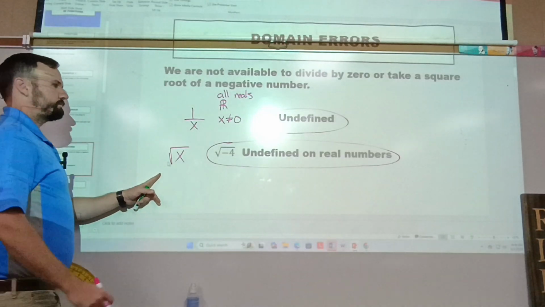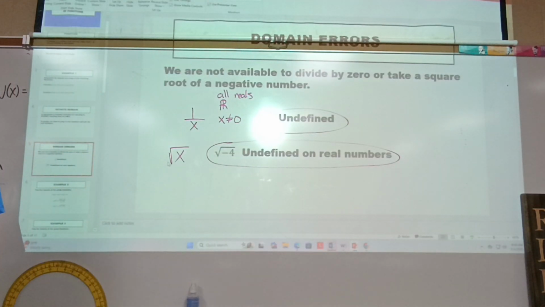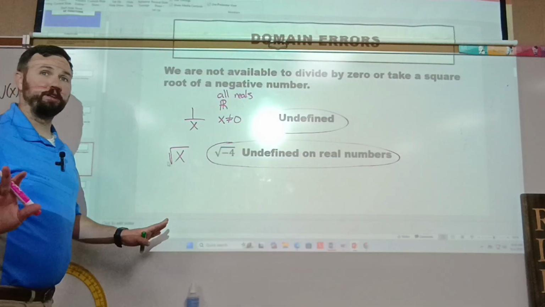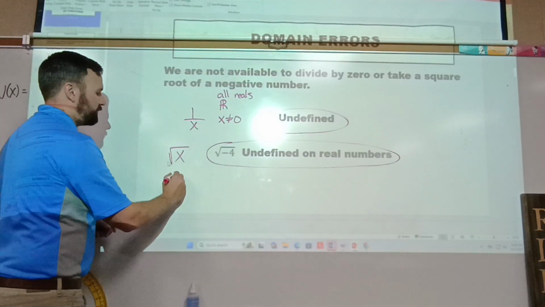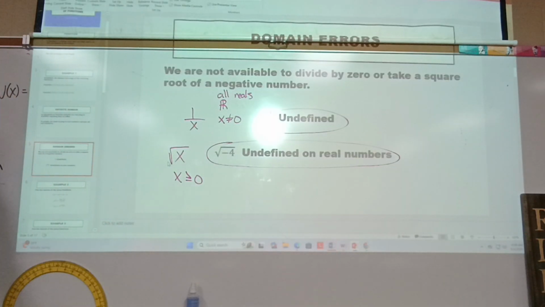For this one, can I take square root of 0? You can. 0 times 0 equals 0. Can I take square root of -1 in real numbers? No. So this, x has to be greater than or equal to 0. That's my domain. That's the only 2 cases we have to worry about. Everything else is going to be all real numbers for this section. Okay, we're going to introduce new functions as we go. That's what some of the other chapters are about. For right now, those are the 2 to worry about.